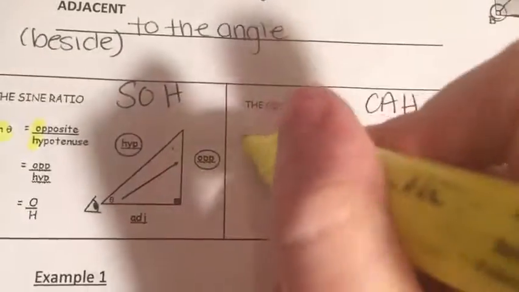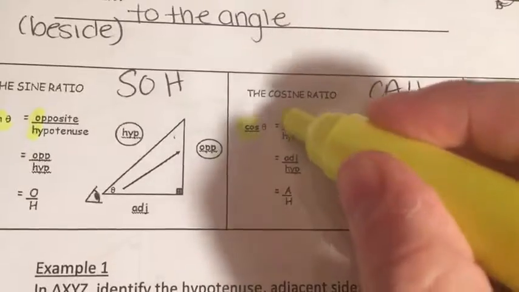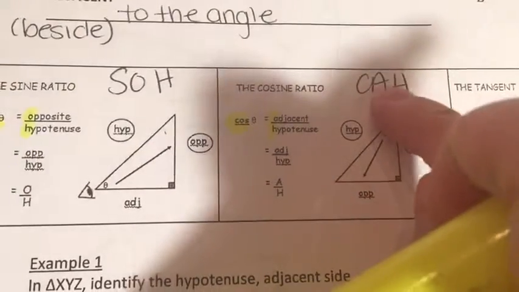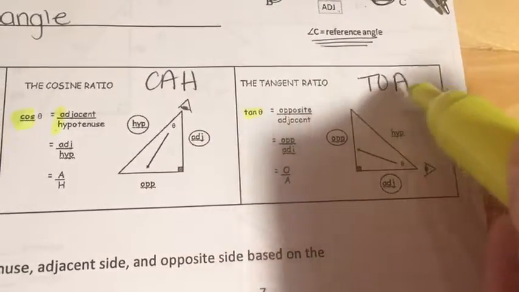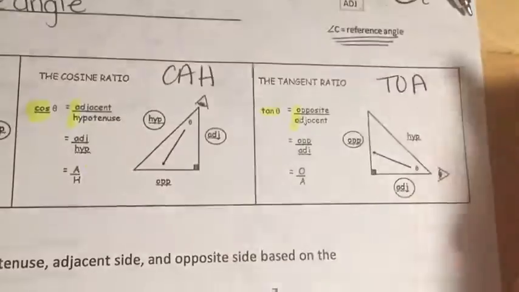CAH stands for cosine, adjacent over hypotenuse. That's why we have the A and the H, adjacent over hypotenuse. And then finally, TOA: tan equals O over A, or opposite over adjacent, okay?